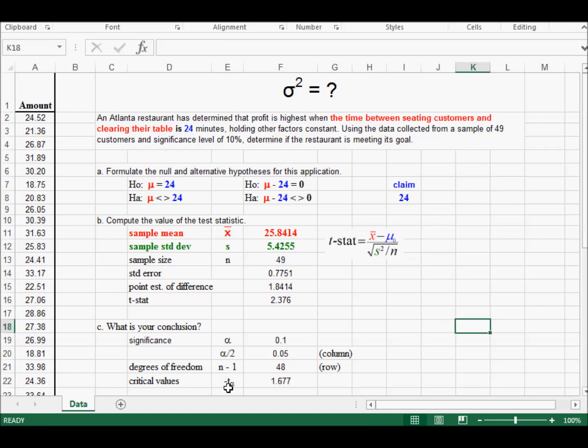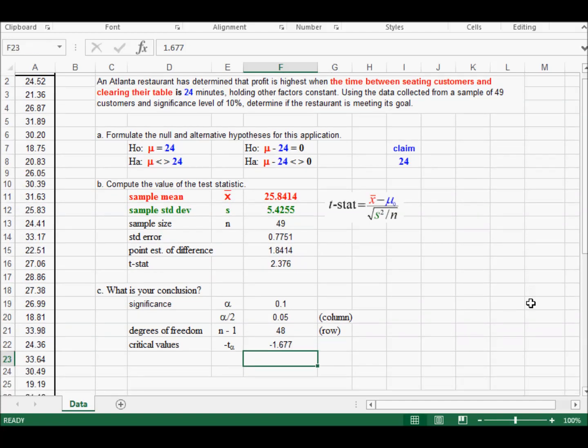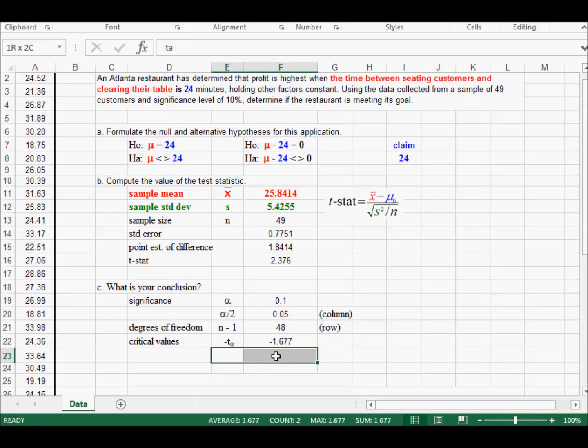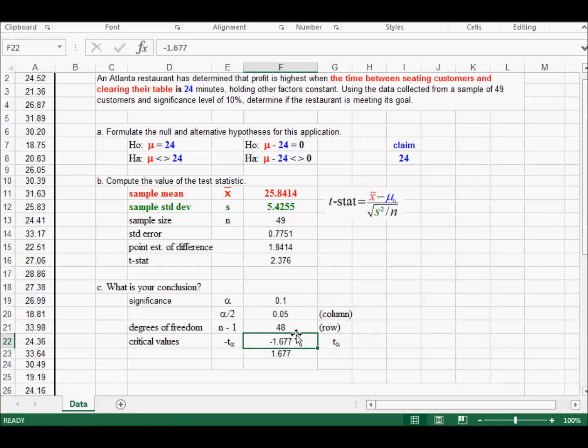Okay. Now, again, we have a two-tailed test, which means we need a negative t critical value and a positive critical value. So I have the negative t critical value here, and then I have the positive t critical value here. Okay, I think I'm going to rearrange this just a little bit. Put that up here, put that down there, and then put that right there.